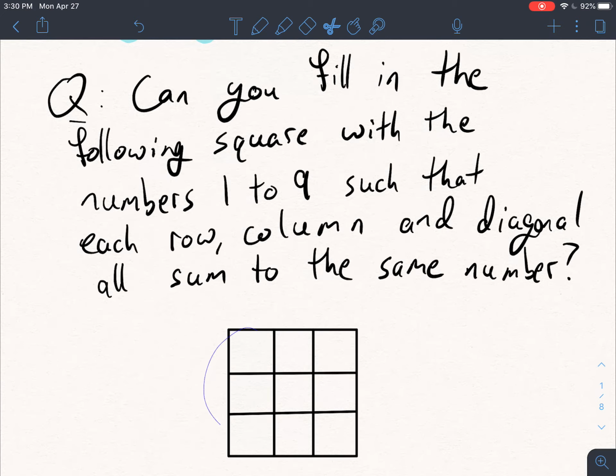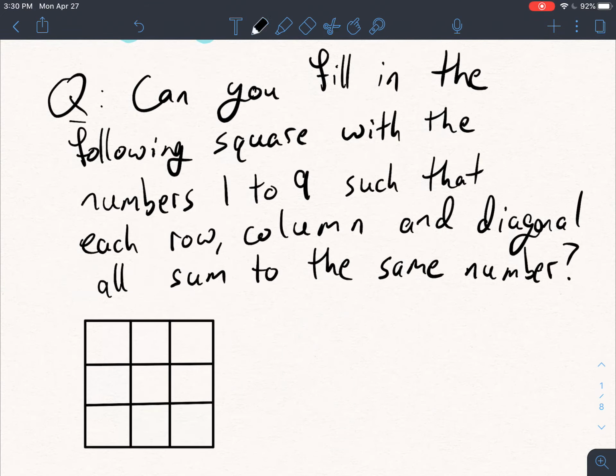One thing that will maybe help you out is that the thing they all have to add up to is fixed. So, for example, let me move this over here.